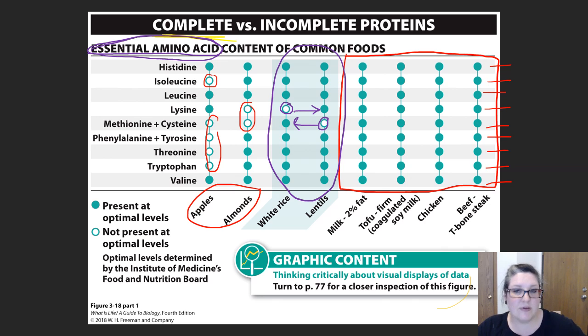So you can have complete protein content even if you're eating more than one different type of protein. But it's really quite important, especially if you're vegetarian. You need to be aware of what kind of protein you're eating, because you could be eating a deficiency in one of the types of essential amino acids.